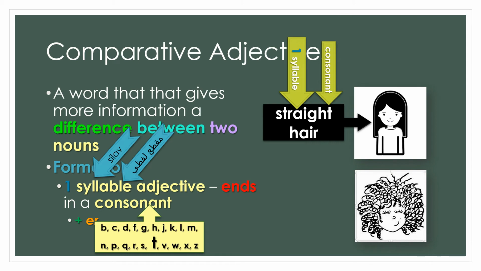The word straight ends in the letter T, which is a consonant. So to make the word straight a comparative adjective, we add the letters ER. Straighter hair. This woman has straighter hair than the other woman.